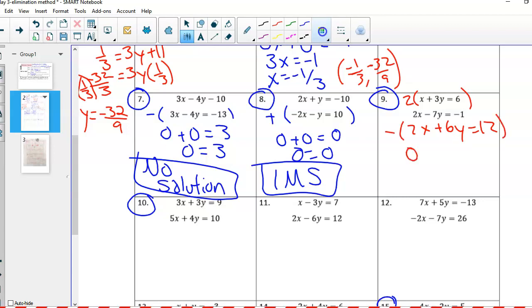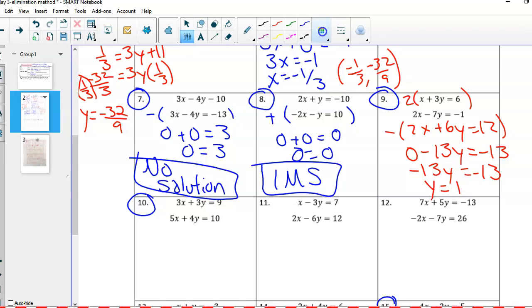So 0, -7y minus 6y is -13y. -1 minus 12 is -13 also. If you need to, use your calculator. What is y? Positive 1.